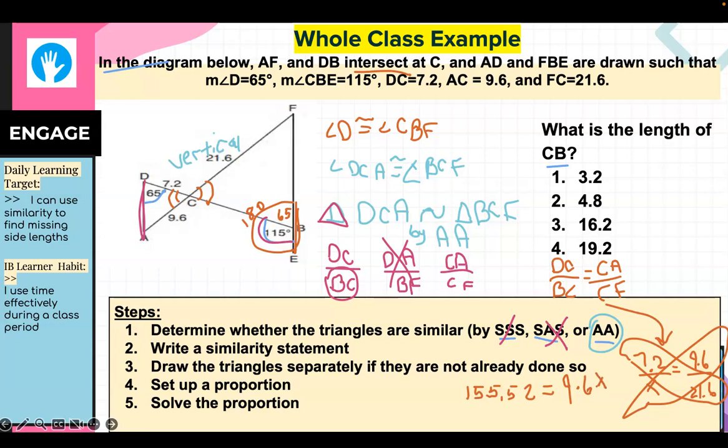So we have to do the inverse, which is divide. We divide by 9.6: this divided by 9.6 and this divided by 9.6. Whatever we do on one side, we have to do to the other. At this point, we put that in the calculator, and we get 16.2, which is x.